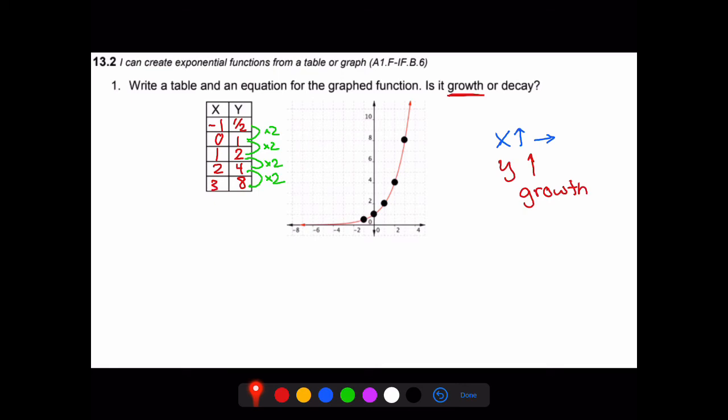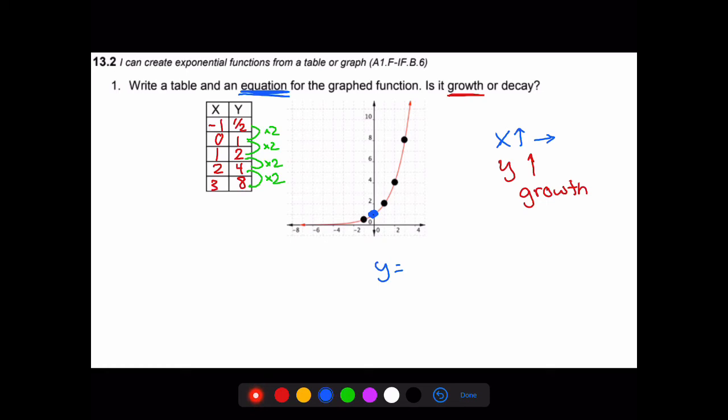Now from here, we want to write an equation. We don't want to forget about our equation or else we won't get full points for this. So we can just write it out as y is equal to our a value. Our a value is our y-intercept here. It's that point where we cross the y-axis. If I look at my table, when x is 0, y is 1, so that would be my a value.